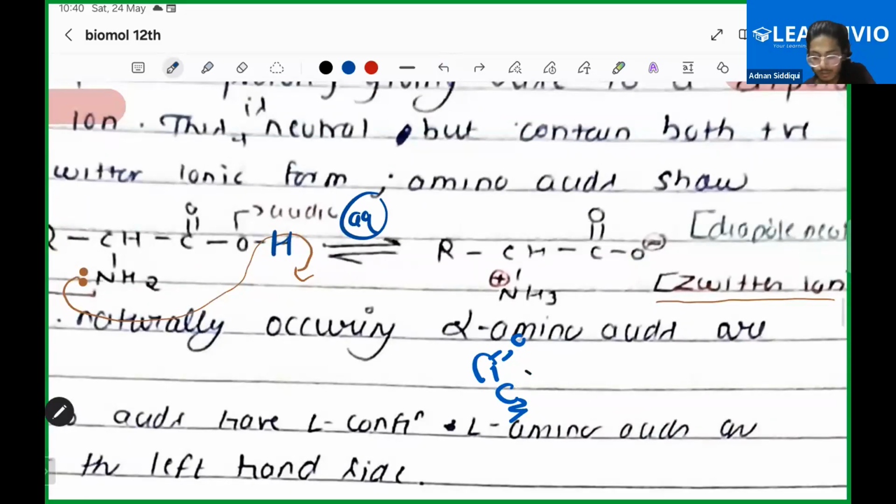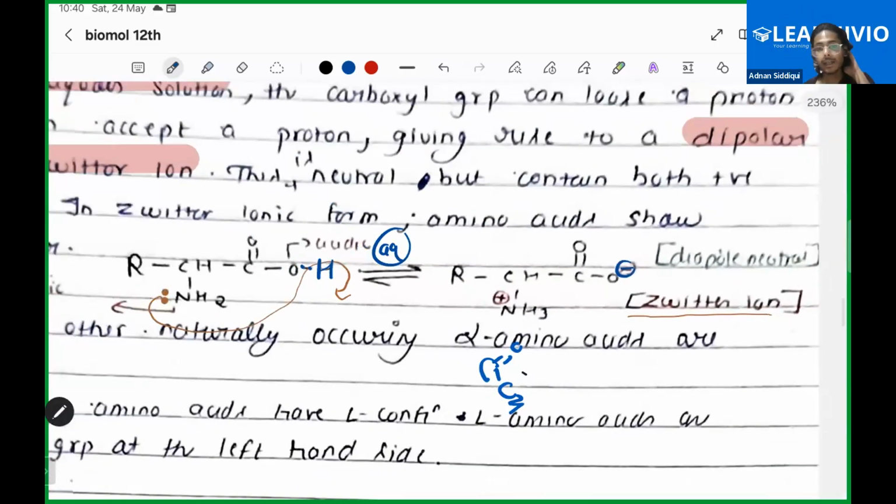This NH2 group has taken this H from the C double bond OH, and it has a positive charge, and this part, having given up the H and left with those two electrons, has a negative charge. This entity has both positive and negative charge, so we call it a dipolar species, and this is the zwitterion.